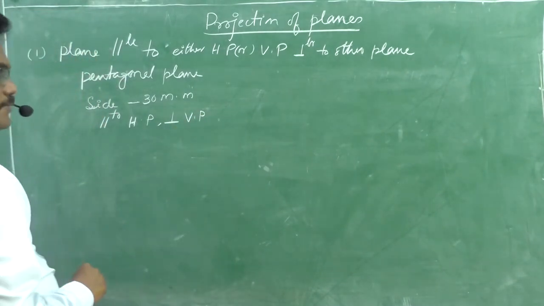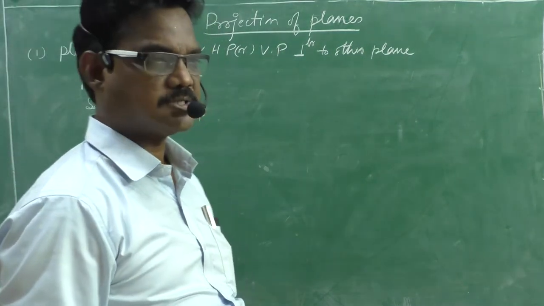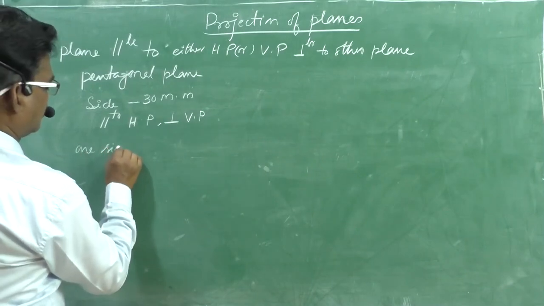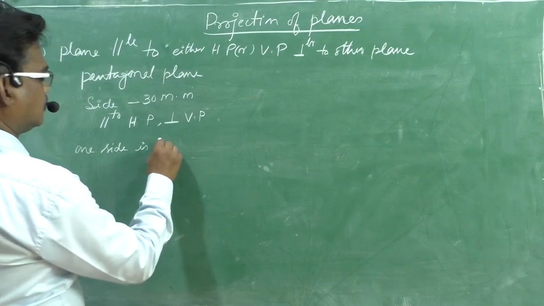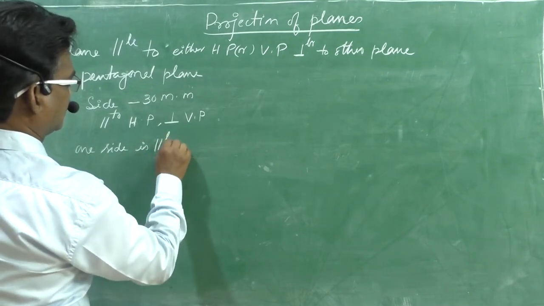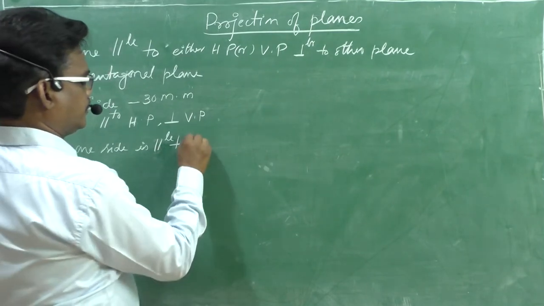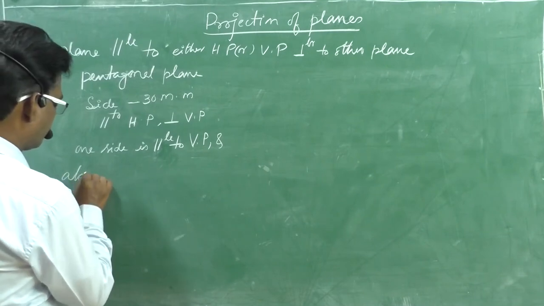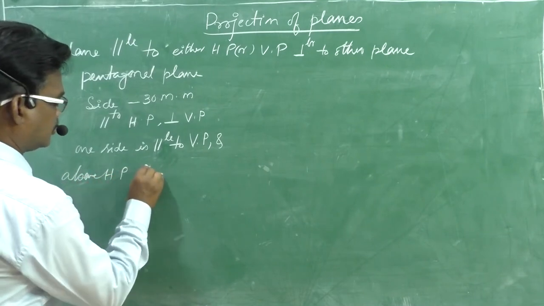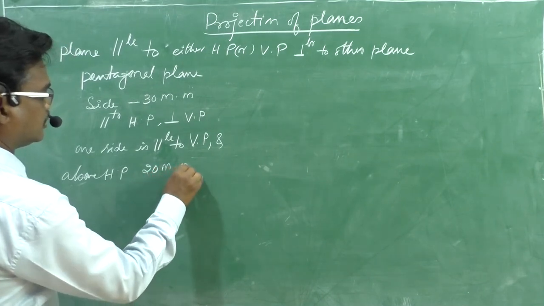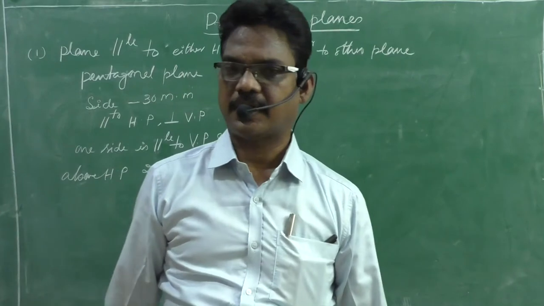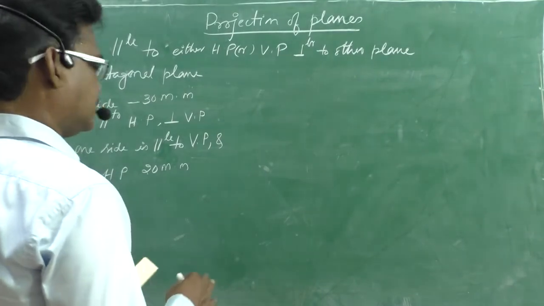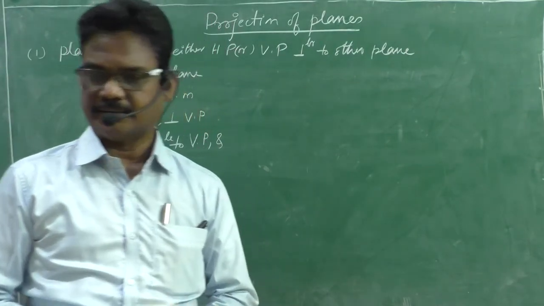One of its sides is parallel to VP. The plane is above HP 20 mm. Draw the projections. Now, first imagine the position of plane by observing the data.